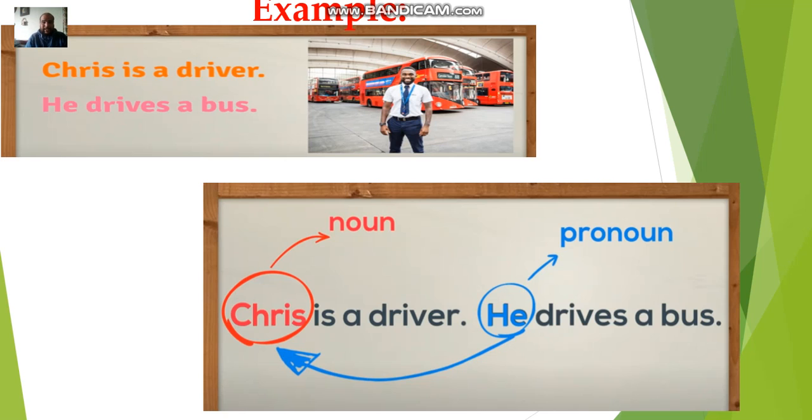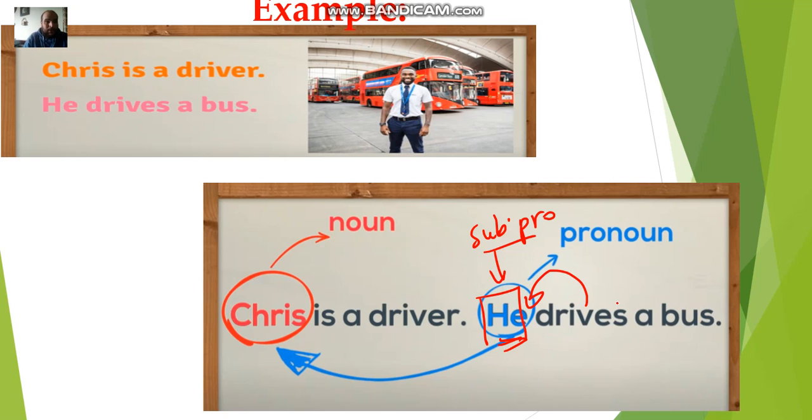Here we have Chris. He drives a bus. You can see here that we have he. I know that we have studied this together and you know it. He drives a bus. He comes before the verb, so it's a subject pronoun. I'm going to write subpro. So it's a subject pronoun. Why is it a subject pronoun? Because he is the one who is doing the action.